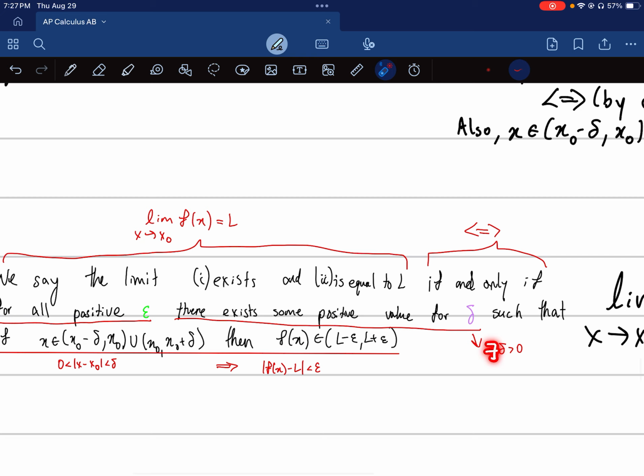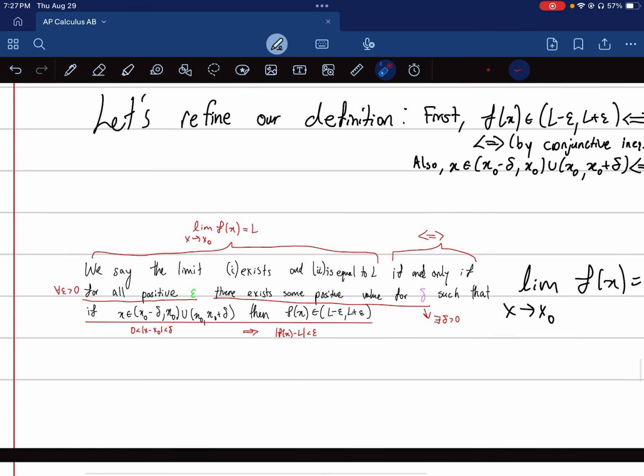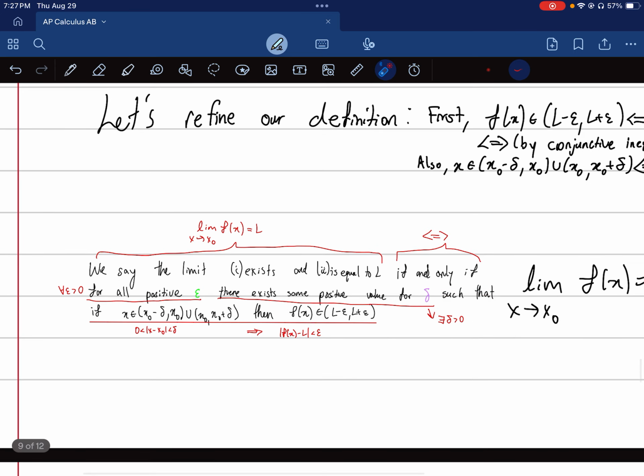There exists is the backwards E, remember? This upside down A is for all or for every, and the backwards epsilon is there exists. Very important to remember. We're going to be using that a lot in our proof. Such that, so we'll just write, normally we might write such that like this, or we'll just omit that and write a parentheses.